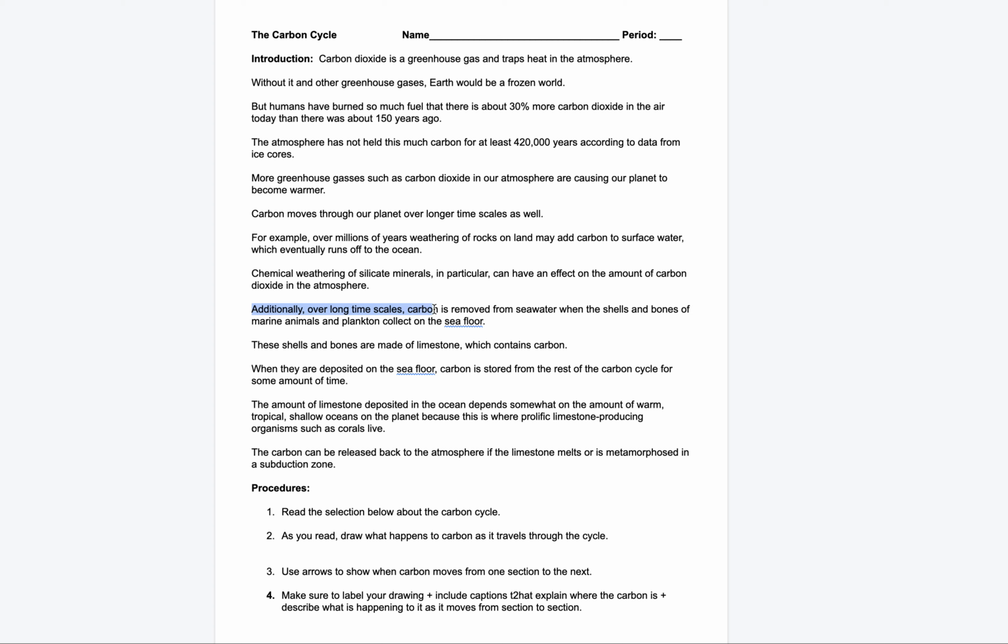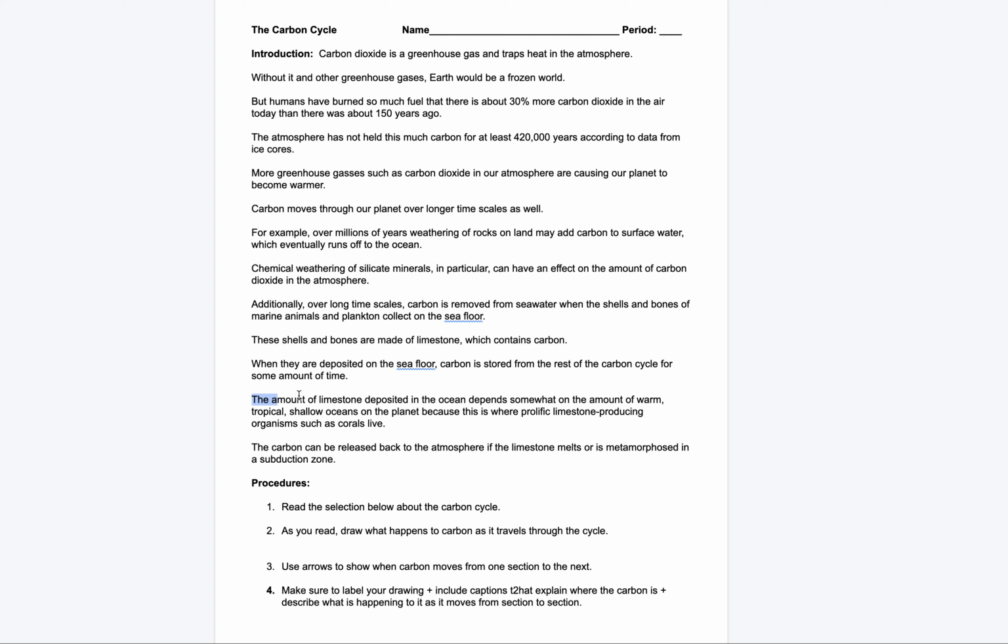Additionally, over long time scales, carbon is removed from seawater when the shells and bones of marine animals and plankton collect on the seafloor. So this is explaining where carbon is going naturally. These shells and bones are made of limestone, which contains carbon. When they are deposited on the seafloor, carbon is stored away from the rest of the carbon cycle for some amount of time.